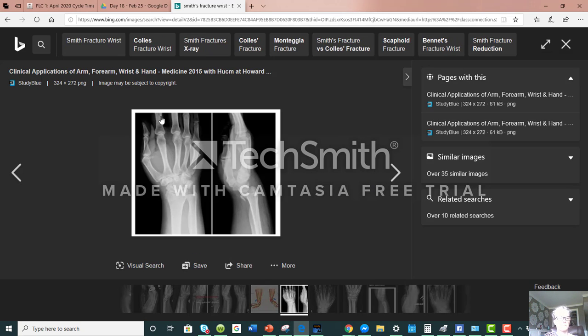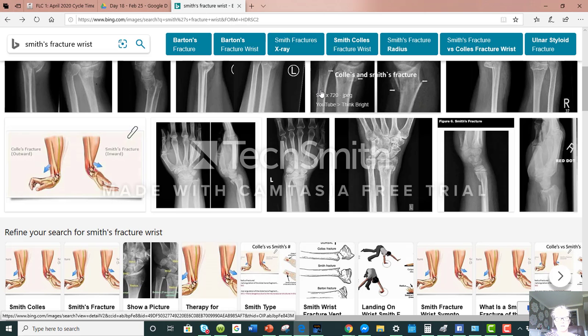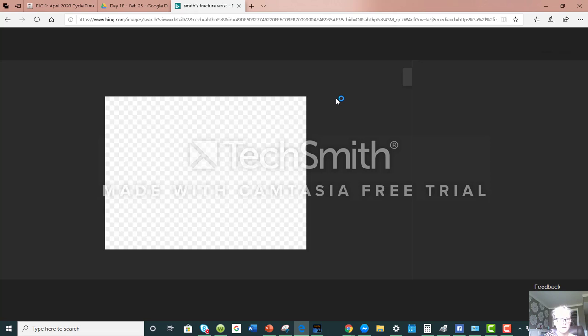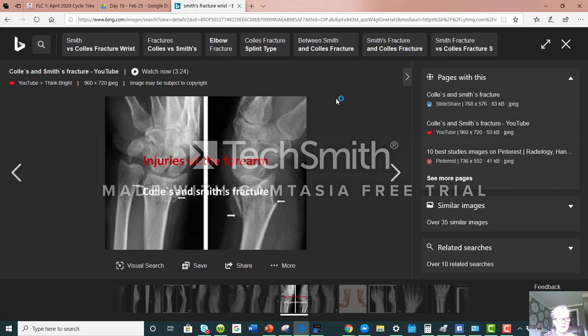Interesting. I want to see that other view though. I want to see this view. So Colles' is over here, and a Smith fracture.